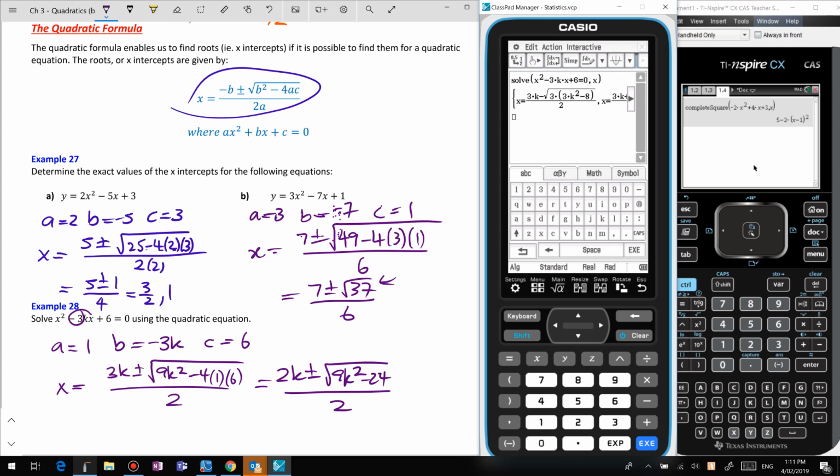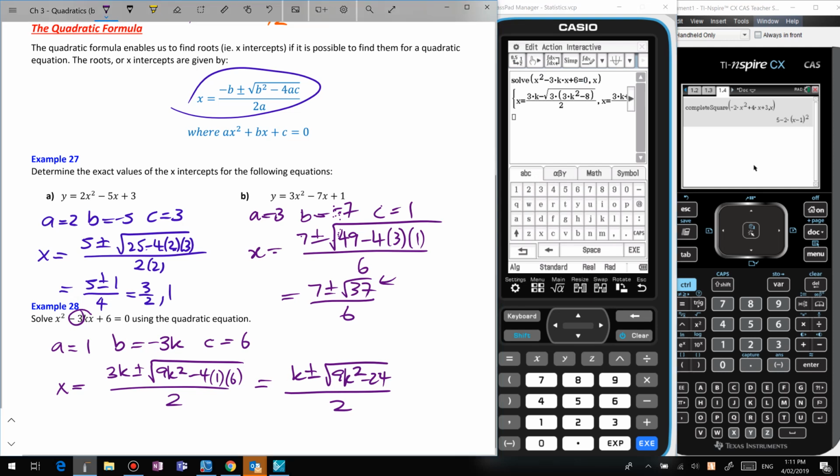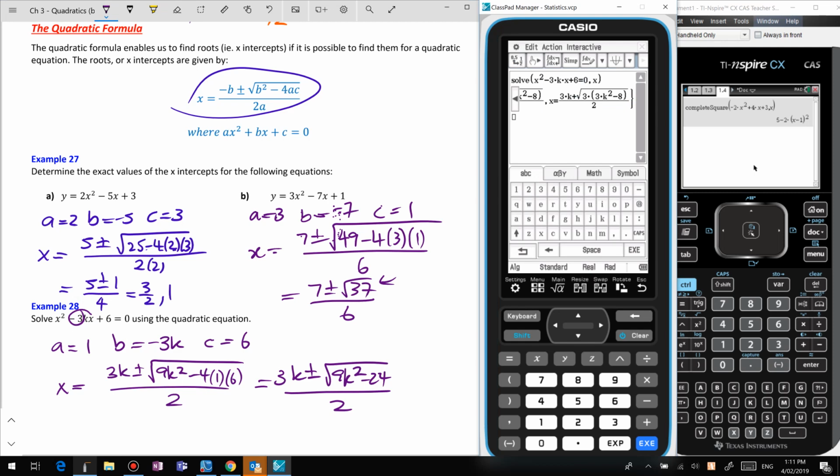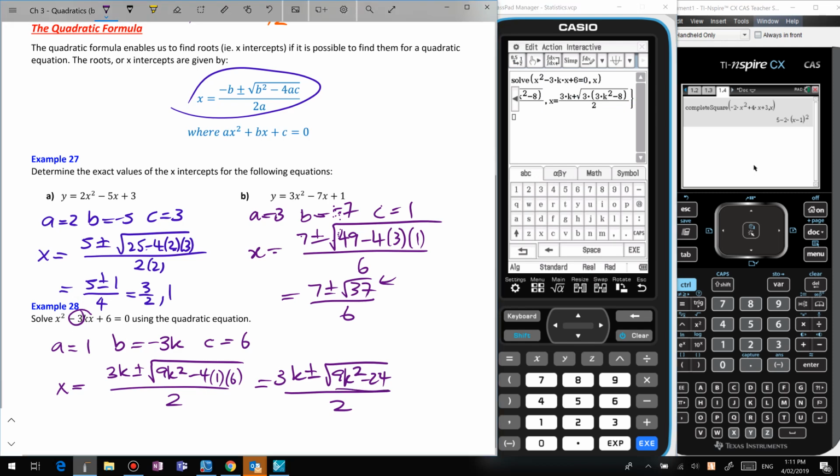Okay, that's just simplified it by taking out a common factor. Oh, that's a 3, my poor handwriting over there. So I would just leave it the way we had it. You can take a 3 out of that, but it's kind of pointless.